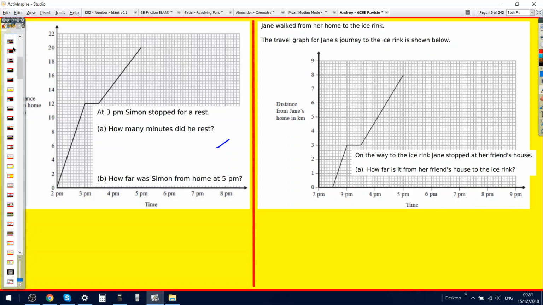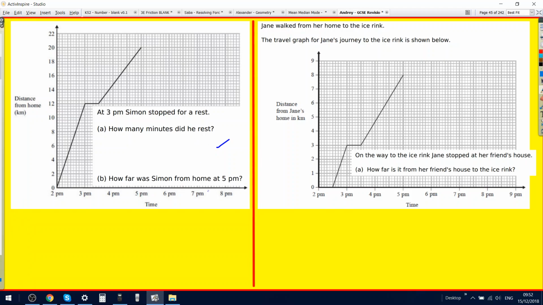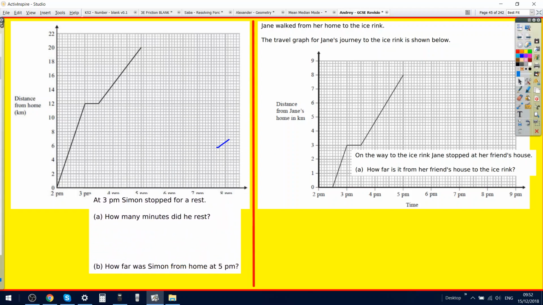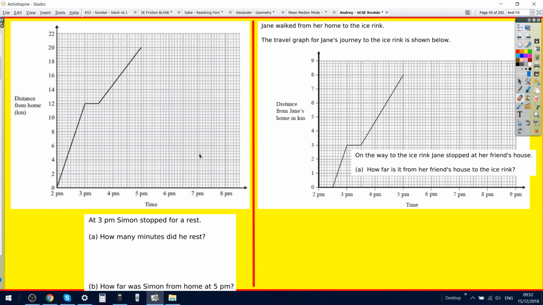Okay, let's try the one on the left. So like 30. And B. 20 kilometers.